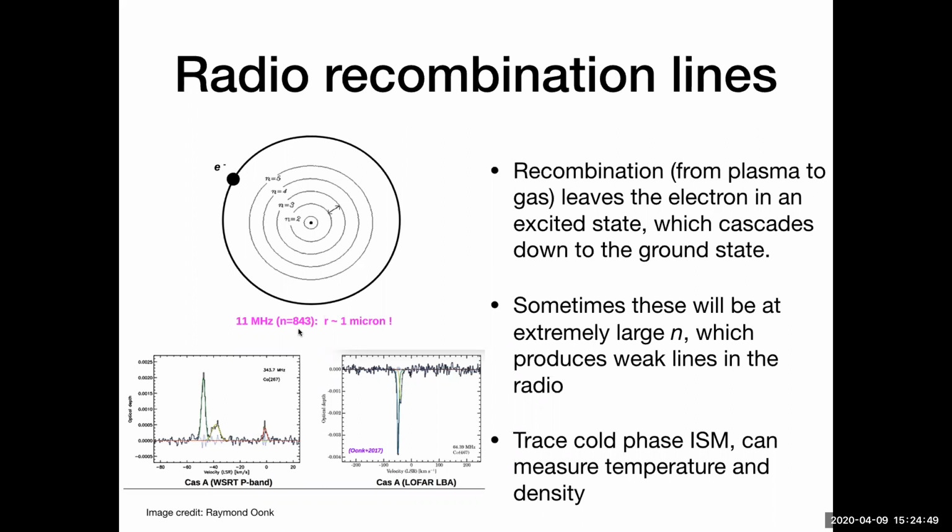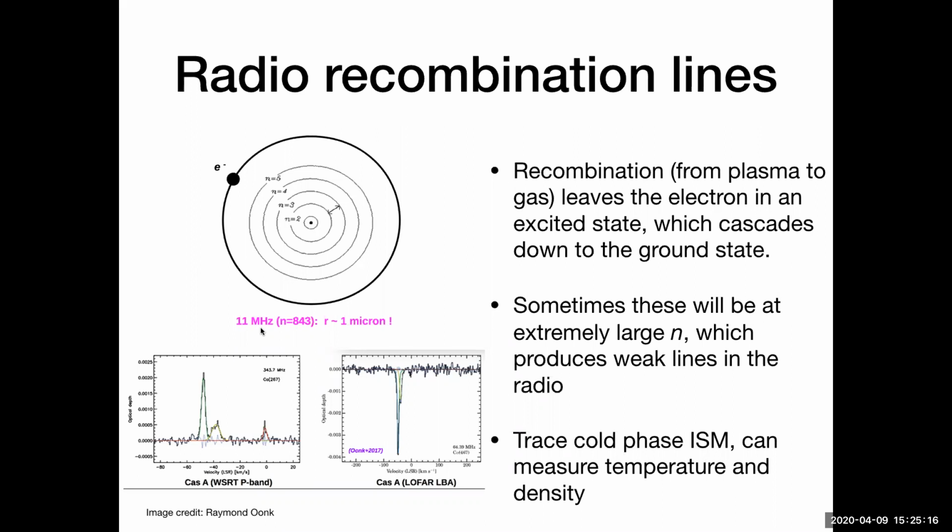This is apparently a 1 micron atom. It's absolutely enormous compared to the regular size that you would think of for a single atom. It's such a large, fluffy atom. I think it's bizarre. And you end up with transitions at those very high energy levels that are really low energy transitions, down around 10 megahertz, 11 megahertz, up to a few hundred megahertz.